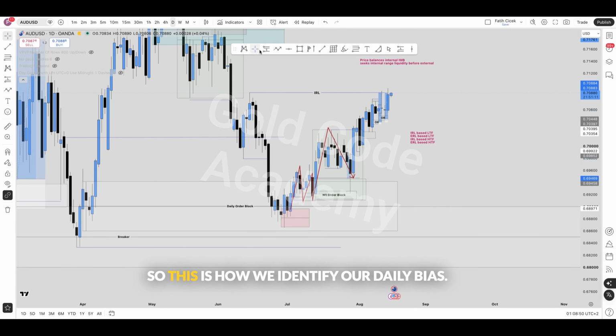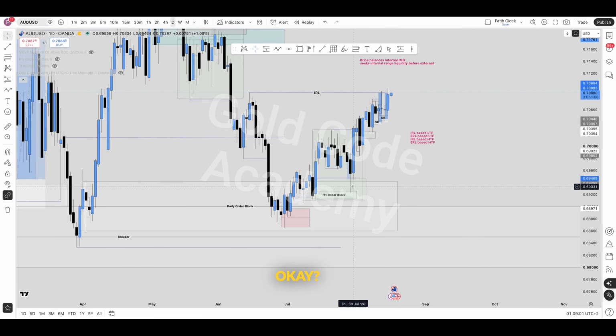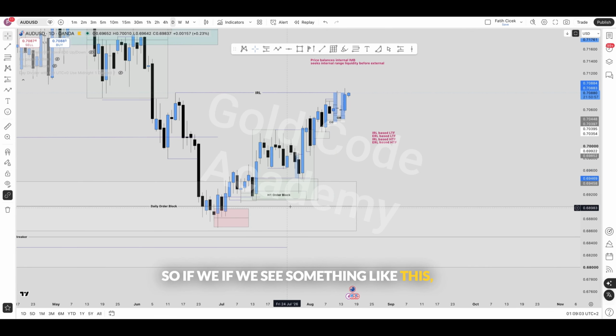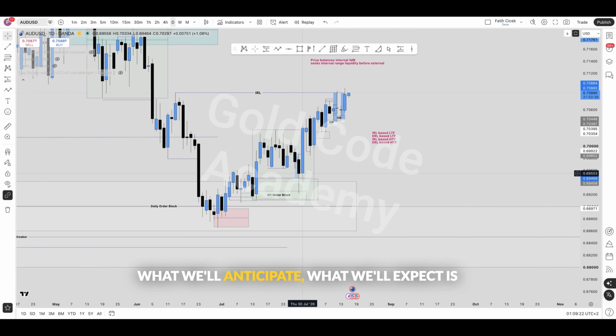Order block, price action to the upside, retest of the order block, boom. All right. So this is how we identify our daily bias. If we see something like this, price tapping into this order block, the daily bias for this day, before we take any trades, so this is Thursday, July 30, what we'll anticipate is for the next daily candle to be a bullish one.